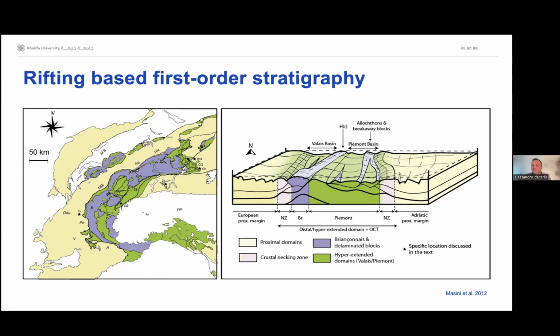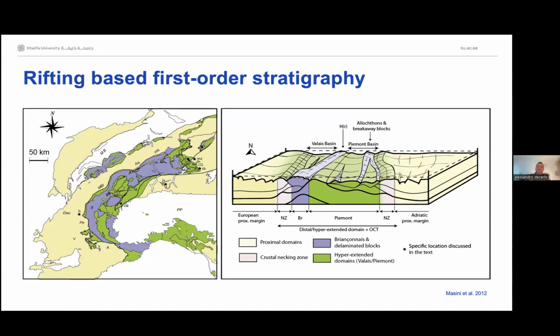They give a name to each domain, which we are not going to use, and we remind you here that it's completely useless. Helvetic, Briançonnais, these are very complex names. But the point is that these are first-order key observations made on the stratigraphy, and if you look at this picture here on the right side, they are exactly the terrains which remind us of the structure of the margin.